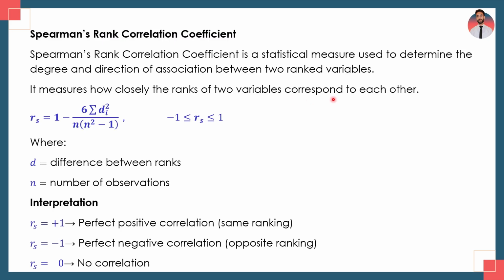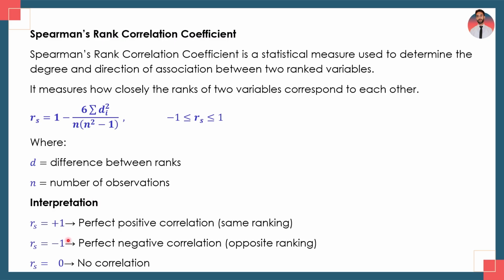Now students, it is denoted by RS, and its formula is 1 minus 6 summation d square over n into n square minus 1, and the value of RS lies between minus 1 and 1, and here d is the difference between two ranks, and n is the total number of observations.